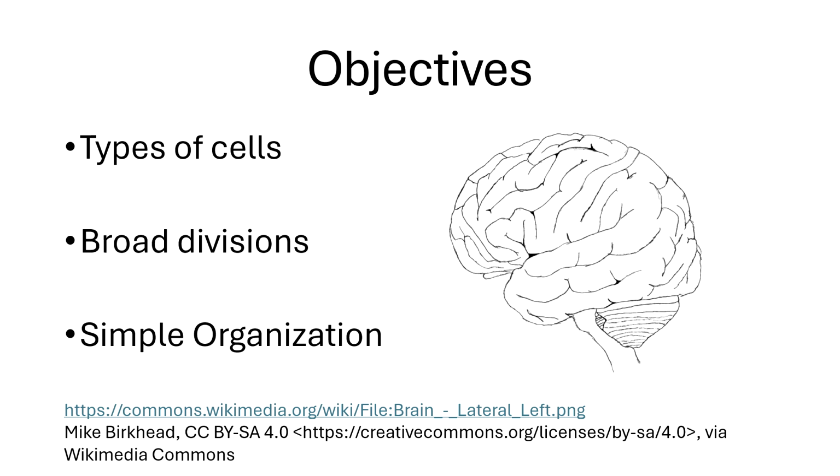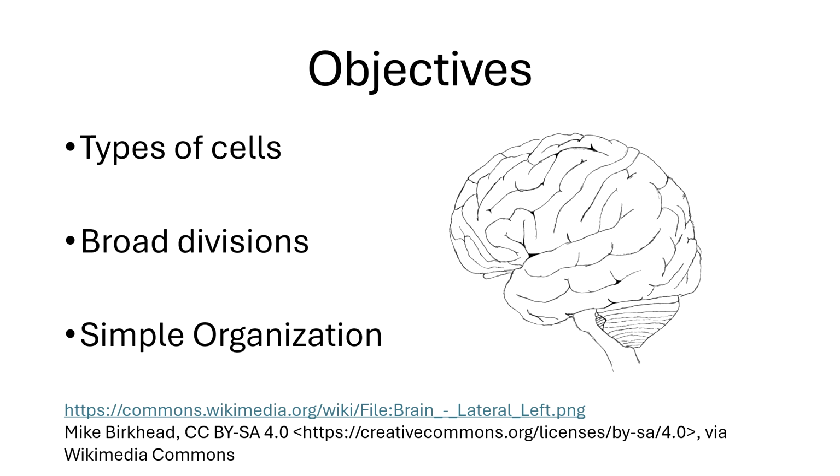We're going to go over the types of cells in the nervous system, the broad divisions of the nervous system, and one of the ways the nervous system is organized. That last one can get very detailed because you can describe and divide the nervous system in multiple ways. But for this video, we're only going to look at one of the ways, so this doesn't get too long and too confusing. In future videos, we'll cover the other ways you can divide it.